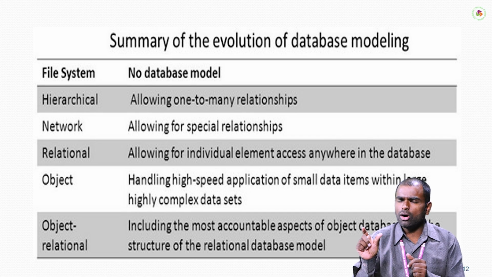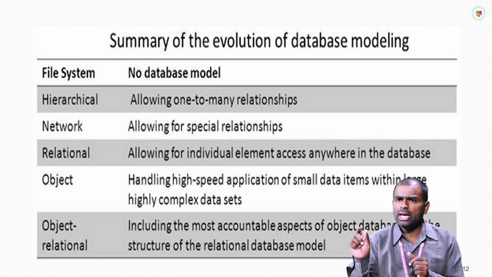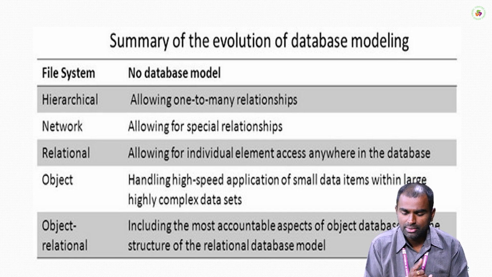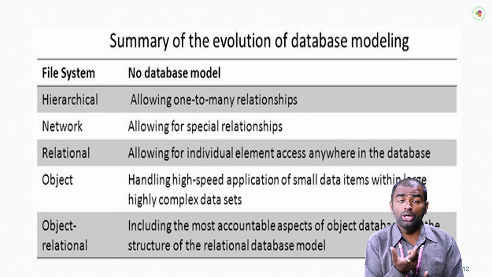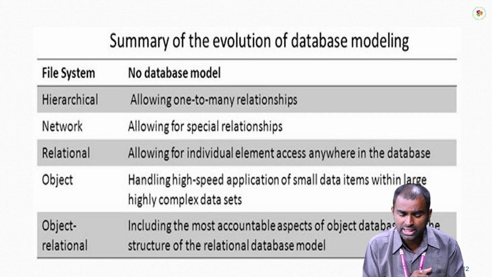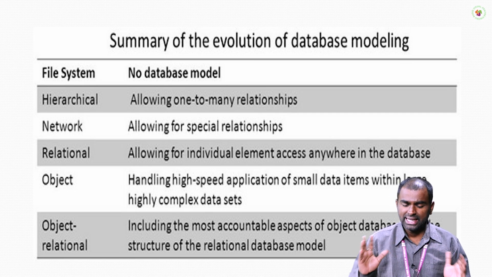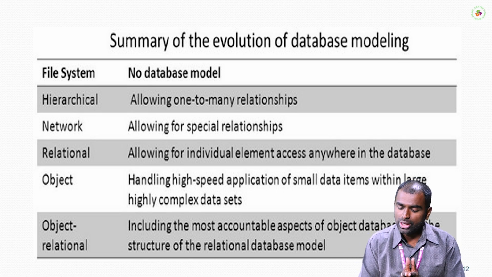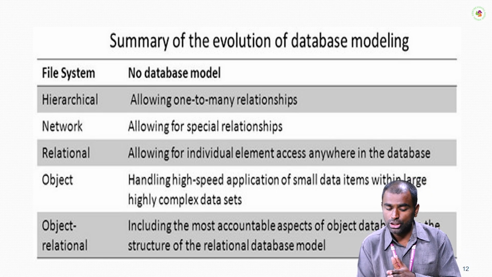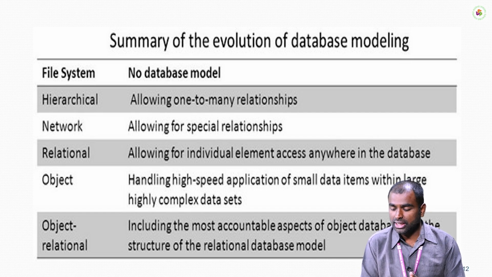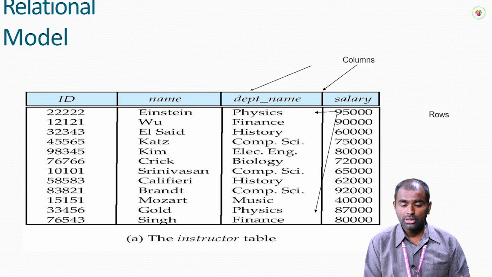You concentrate on the CGPA column, and display the names of the corresponding students. That is the relational model. Next, object, handling high speed applications of small items within large highly complex data sets. Object relational includes the most accountable aspects of the object database in the structure of the relational database model.